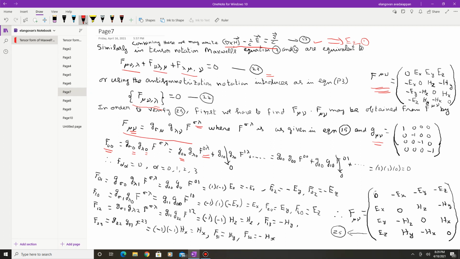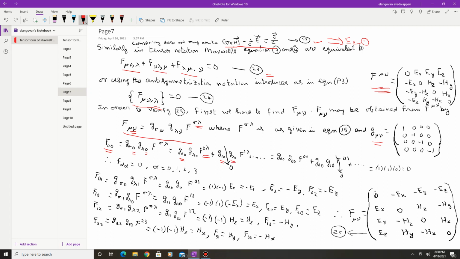Because if you put sigma is equal to 1, the next term is g 1 0, this is g lambda 0, alright, then you perform the summation f 1 lambda and so on.